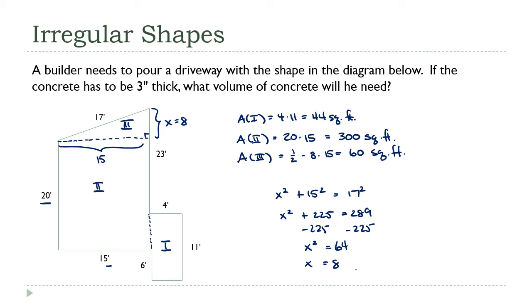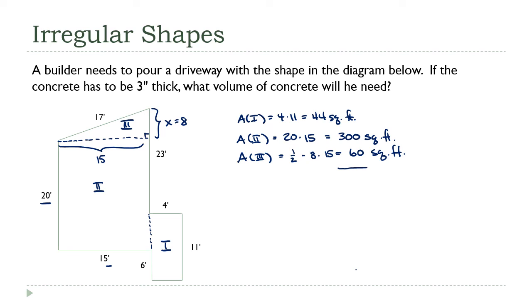All right, now I need this space back. So let me clean up my calculation here. And now we can add these together. That will give me the total area of the base. That's 404 square feet. And now I can find my volume. Volume is the area of the base, the capital B, times the height.